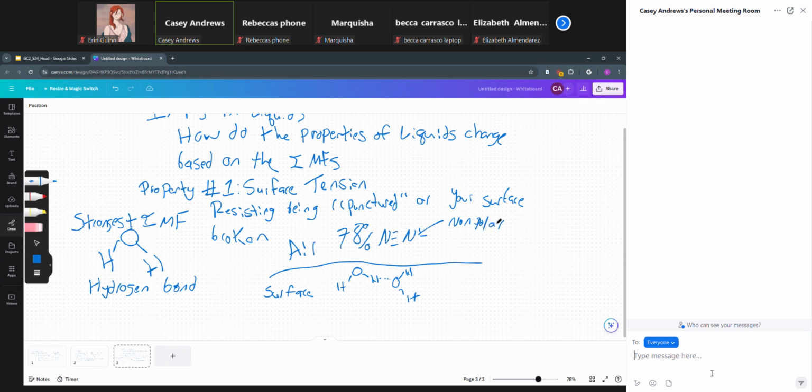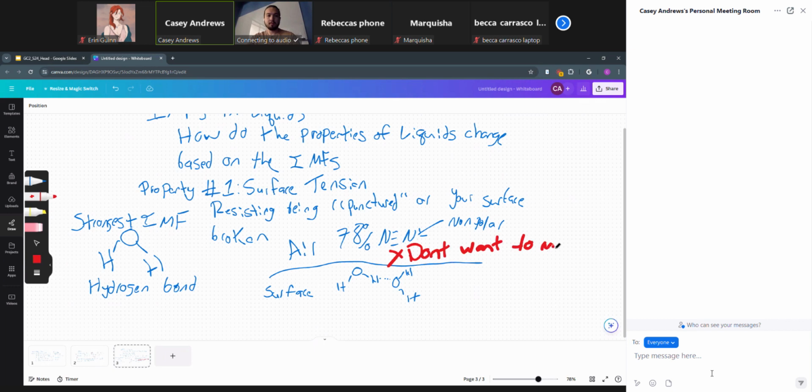And like we just talked about when it comes to solubility, these two things don't want to mix, right? They don't want to interact. So they don't want to mix. And so that is the idea behind surface tension.